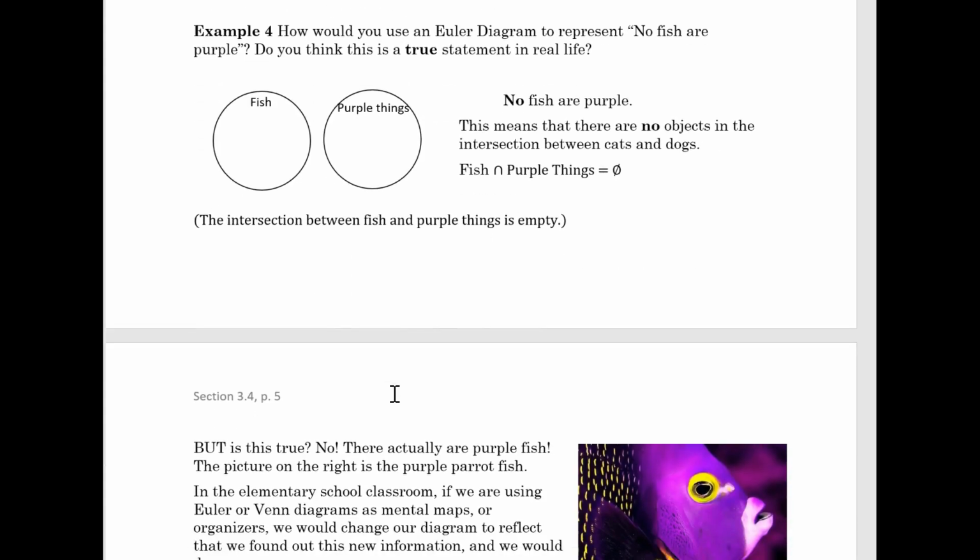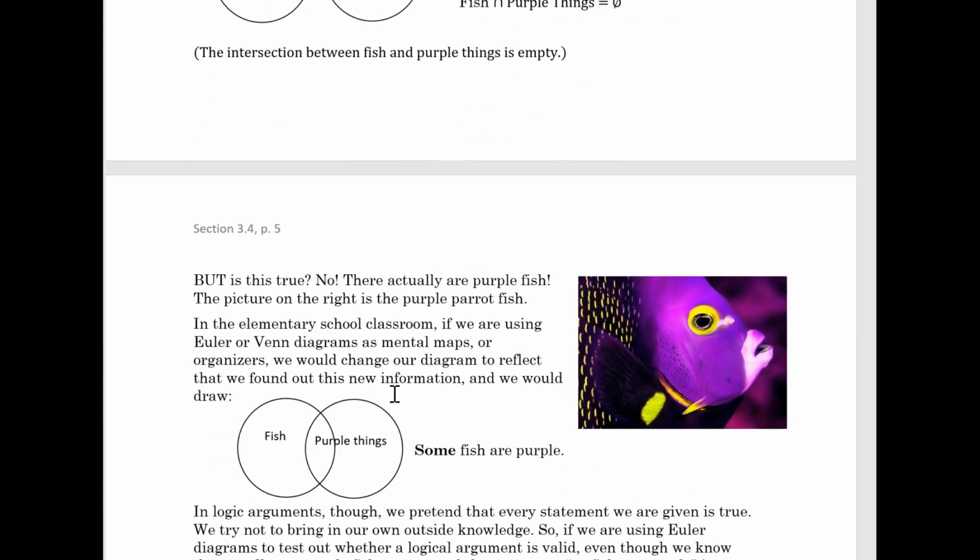Now, it's actually not true. There are purple fish. Really, we should have drawn these as two overlapping circles if we were thinking about real life. But in logical arguments, you're supposed to pretend that every statement you are given is true, without bringing in any outside knowledge like this picture of a purple fish.